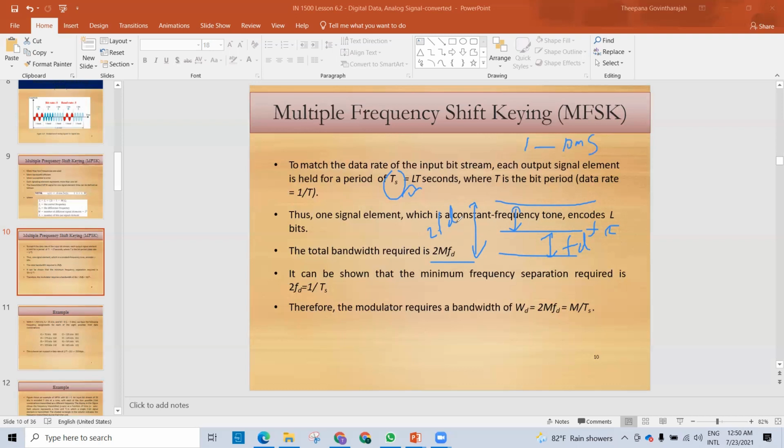So if you are using 4 different signal elements, then it will be multiplied according to its M. So the total bandwidth required becomes 2MFD. If it's 8, then it will go on with 8 like that.